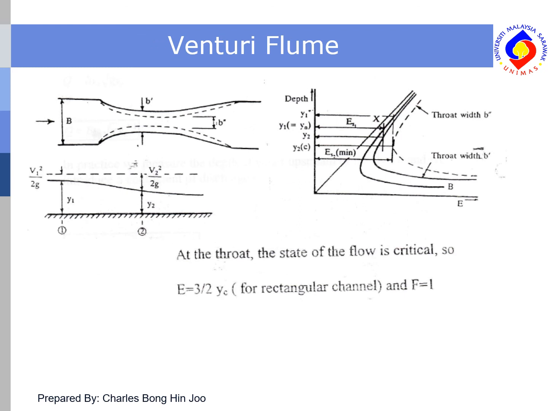The next structure that involves rapidly varied flow is the Venturi flume. For the Venturi flume, at the throat, the state of the flow is critical. So, to find the energy for a rectangular channel, the energy E is equal to 3 over 2 multiplied by yc, where yc is the critical depth, and the Froude number is equal to 1.